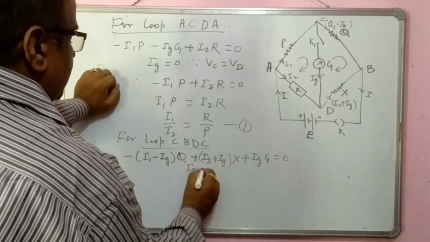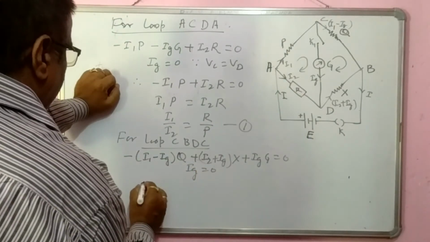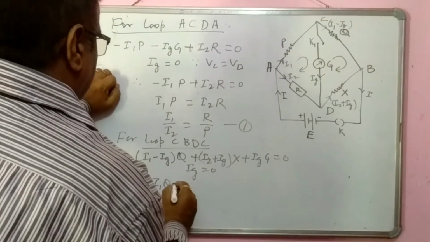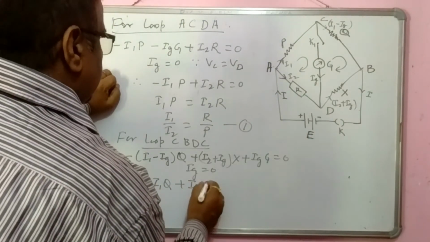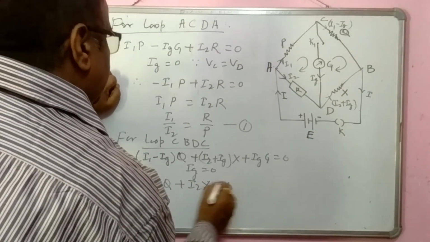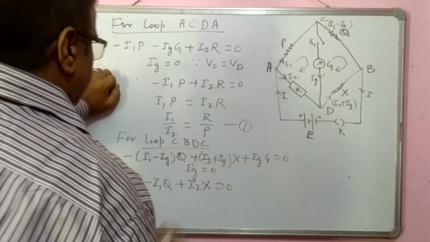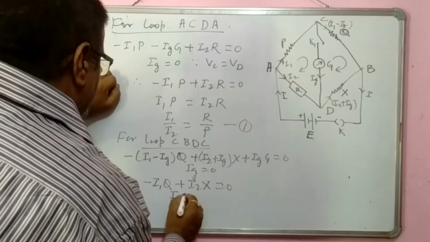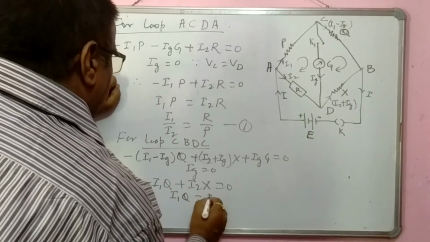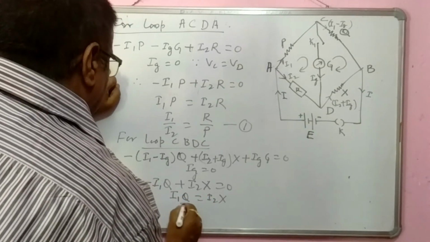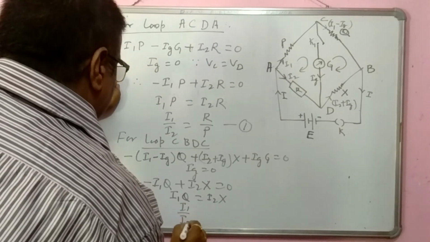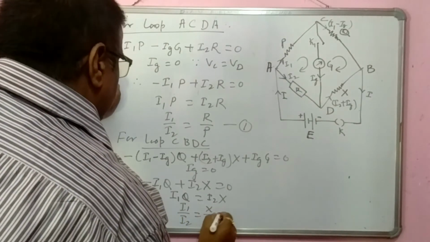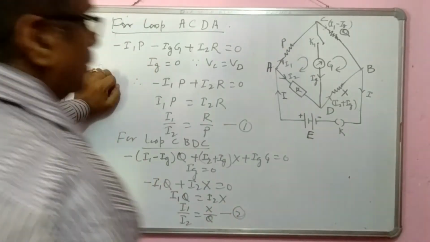Again here Ig is equal to 0. Therefore we get minus I1 into Q plus I2 into X is equal to 0. So I1 Q is equal to I2 X. Therefore I1 by I2 is equal to X by Q. This is equation number 2.